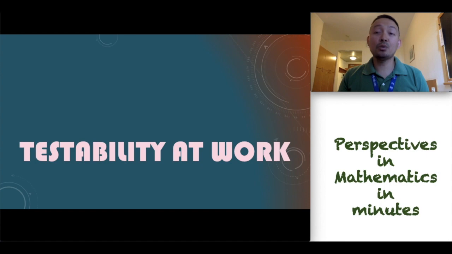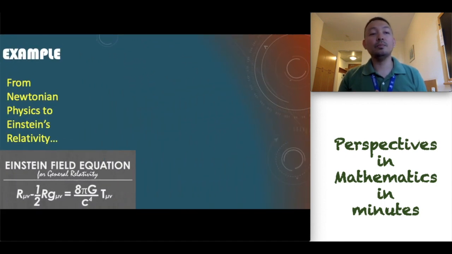To end, I'm going to show you one of my favorite examples of a model. Here, falsifiability or testability is at work. There are physical phenomena that don't work on Newtonian physics. Because of this, there is a shift in the paradigm. Now we have Einstein's relativity. Here is the set of Einstein field equations for general relativity.